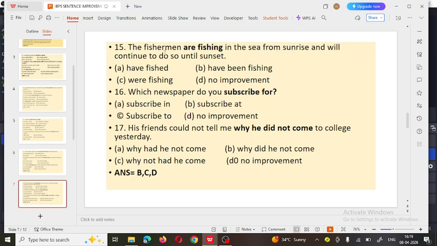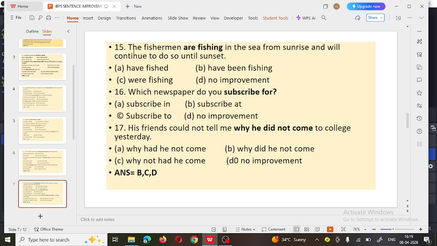Next. The fishermen are fishing in the sea from sunrise and will continue to do so until sunset. Now, fishing is used here.